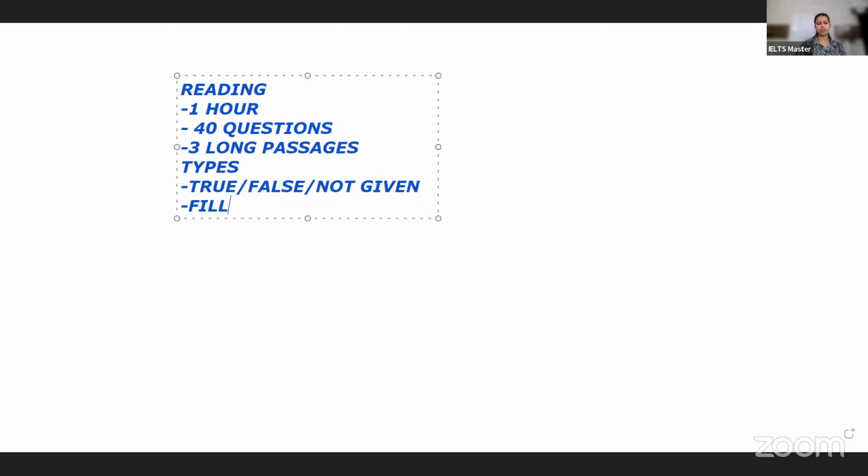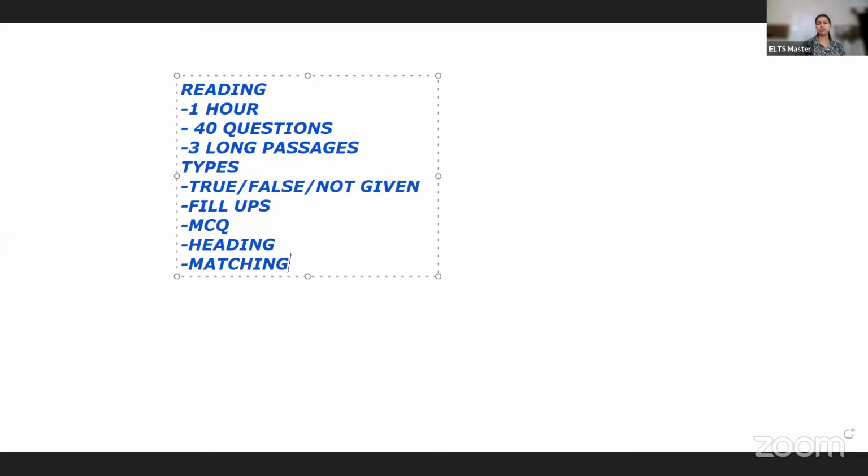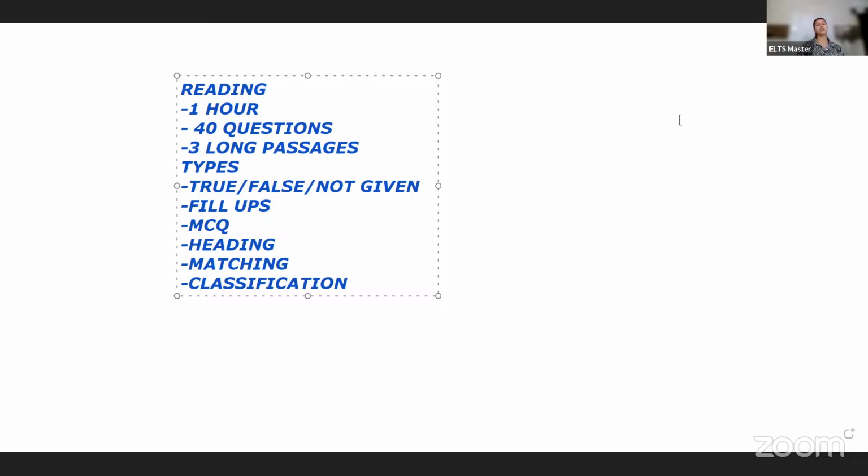Second type, you will have fill-up type of questions. Then you will have multiple choice questions, heading type questions, matching information type questions, and classification type questions.